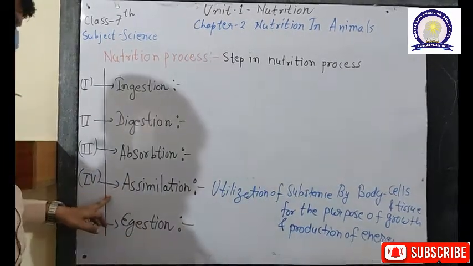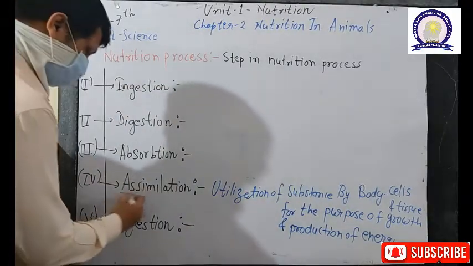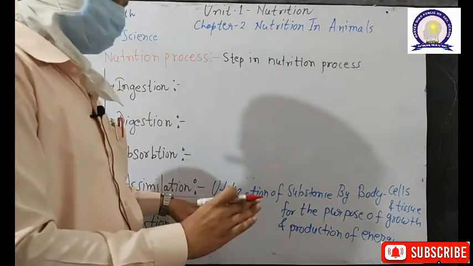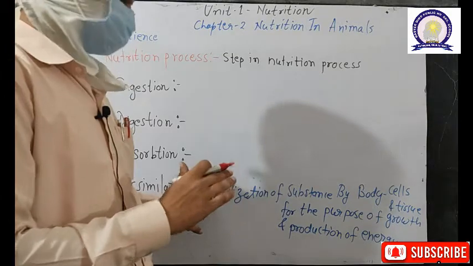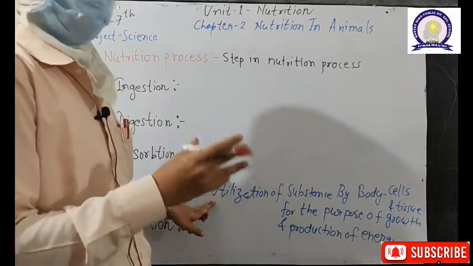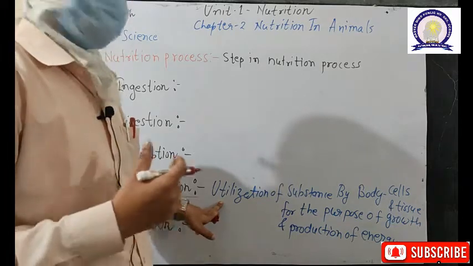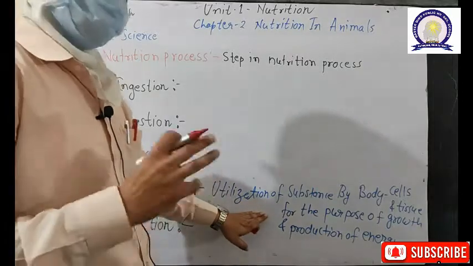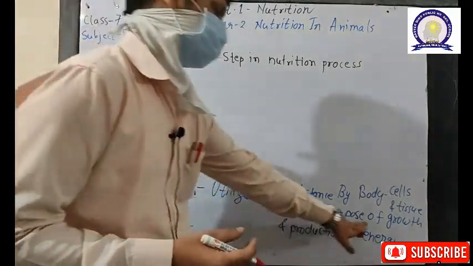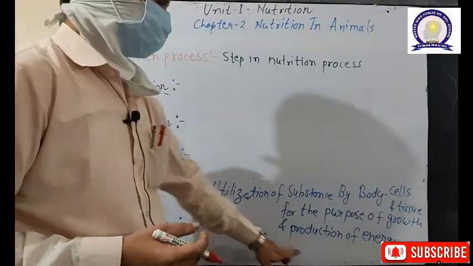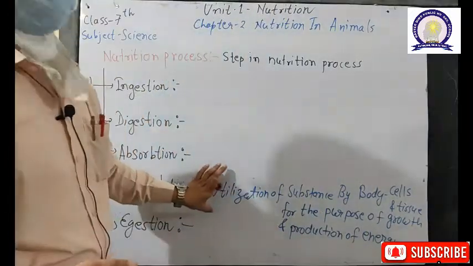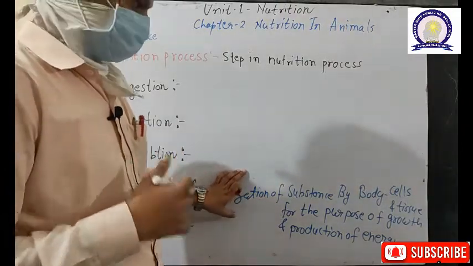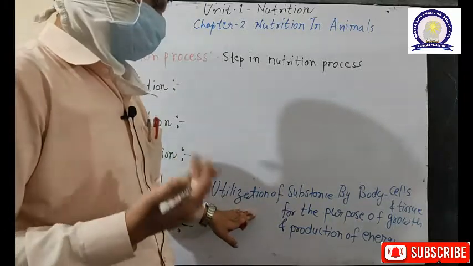The fourth step is called assimilation. When we absorb the digested food and transport it to the various parts of the body, the components absorbed by the digestive system are utilized by the various cells and tissues inside the body, for the growth of the animal and the production of energy.